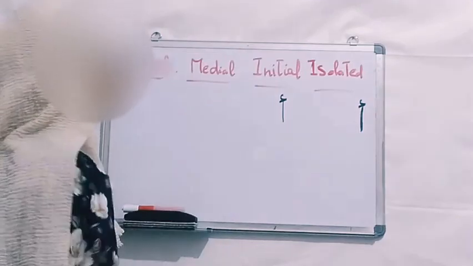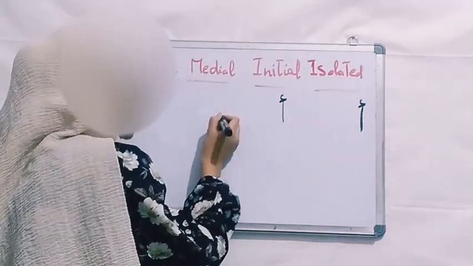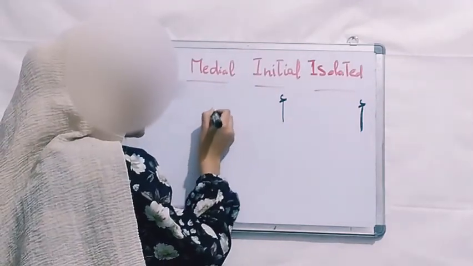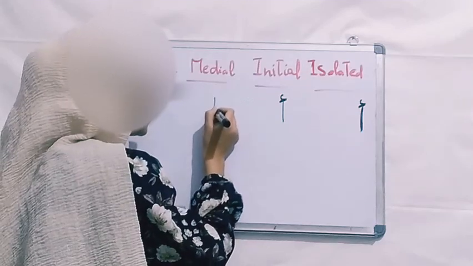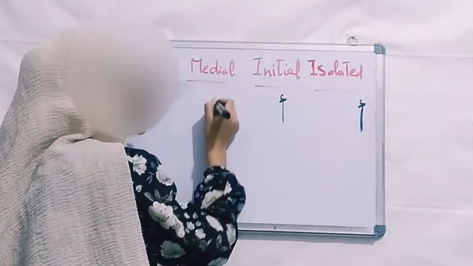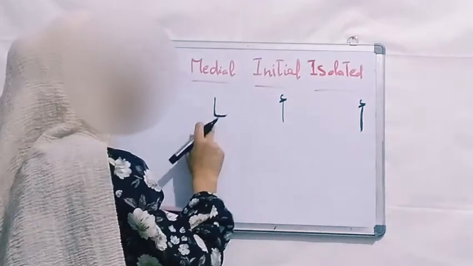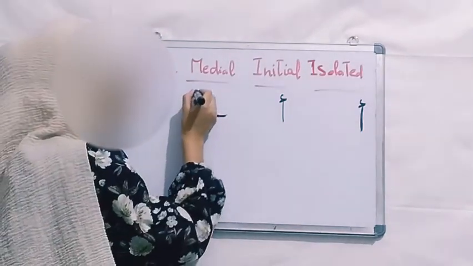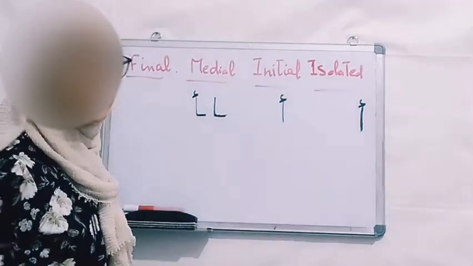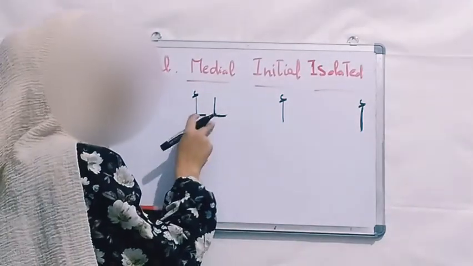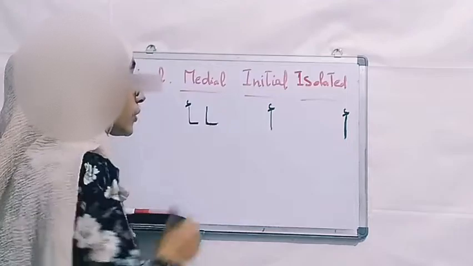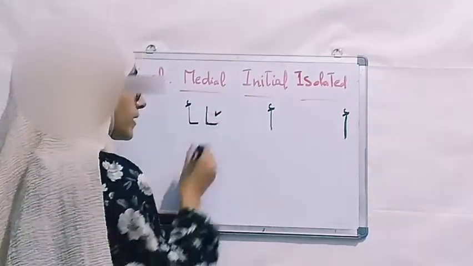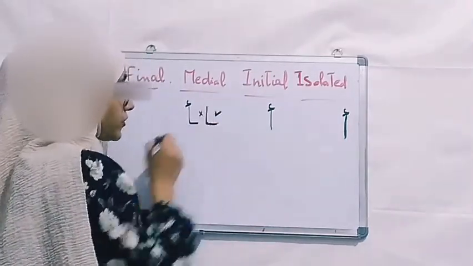In the middle form, you have to keep the connecting line and put Alif here as a long vowel. You can also write it with a Hamza. Both are true. So it needs to be connected before, but it doesn't need to connect after.